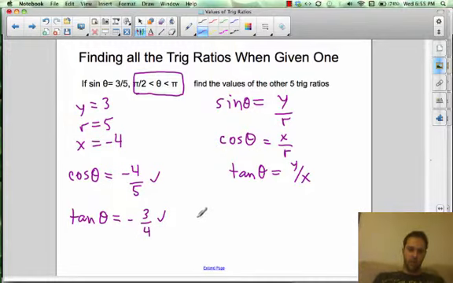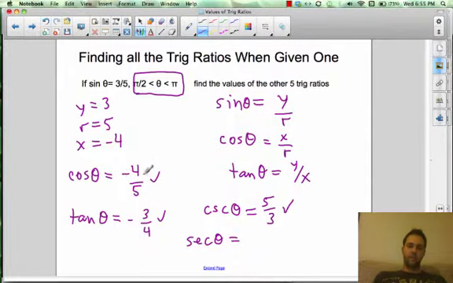Now the reciprocal functions, let's start with cosecant. This is the reciprocal of the sine function. So instead of y over r, it will be r over y. We already have sine, so cosecant is really easy. We simply flip the two numbers, and instead of 3/5 it becomes 5/3. And sorry, our next one will be secant theta, which is the reciprocal of the cosine function.